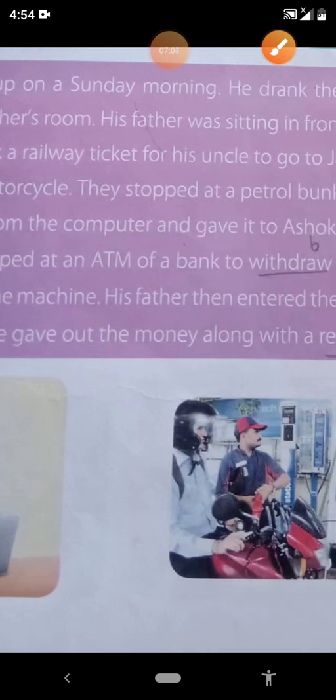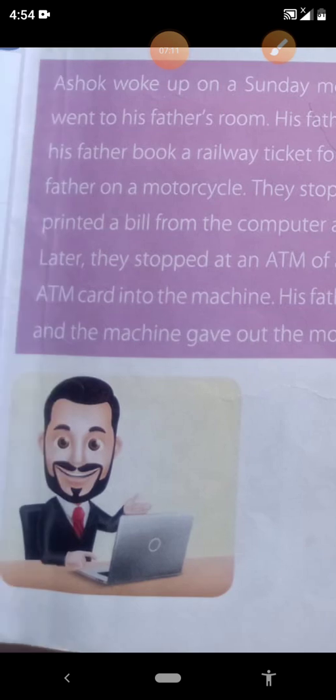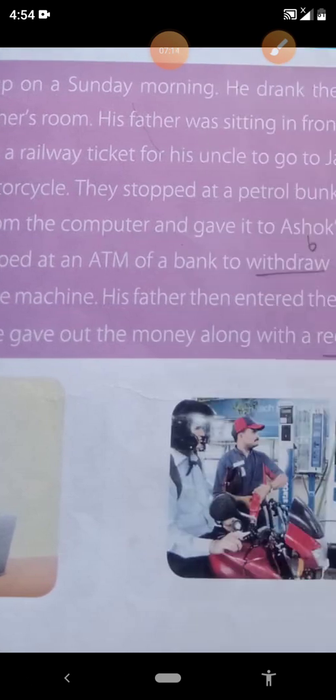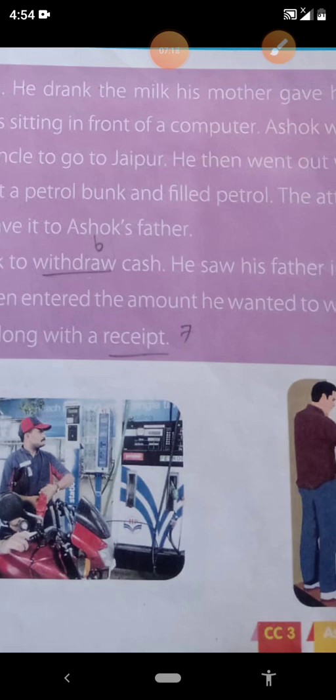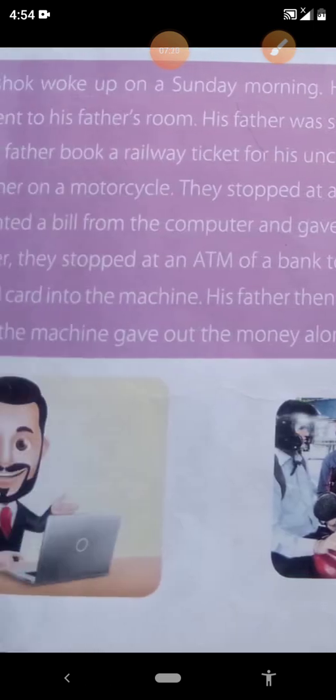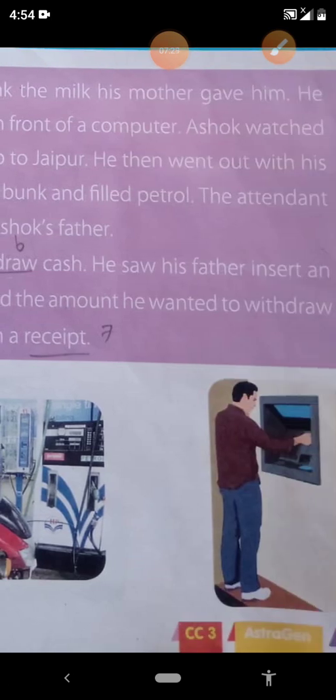Ashok watched his father book a railway ticket for his uncle to go to Jaipur. So what his father is doing is booking a railway ticket for his uncle. From this, what do you understand?